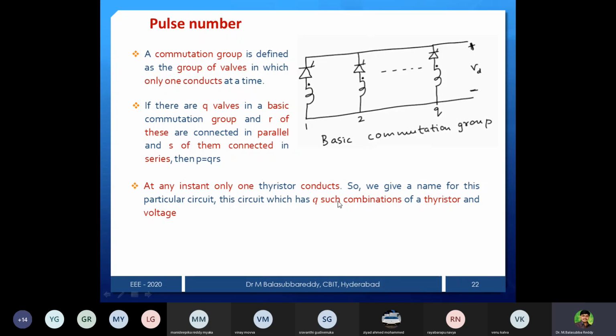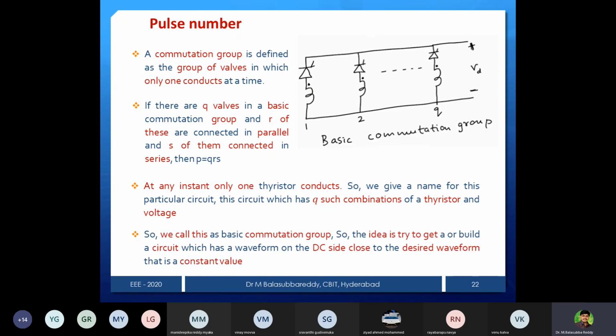So that is the reason you can see what will happen. We name this particular circuit: the circuit has q such combinations of thyristors and voltages, so we call this a basic commutation group. Only this setup I call a basic commutation group. The idea is to build a circuit whose waveform on the DC side is close to the desired waveform, that is, constant voltage.